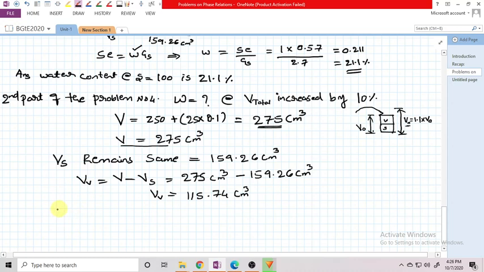Now what is the new void ratio? Void ratio is volume of voids by volume of solids. So volume of voids is 115.74, divided by volume of solids, which remains the same, 159.26 cm cube.